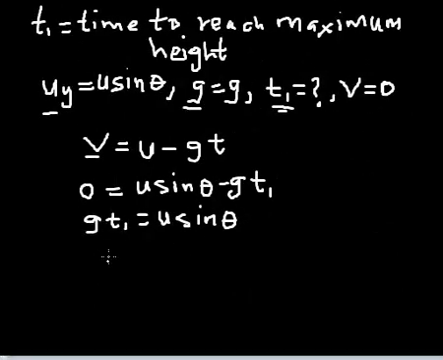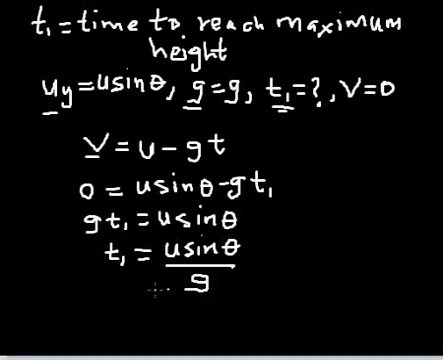If that being the case, now remember I'm looking for the time to reach maximum height, which of course is U sin theta divided by G. So that's the time to reach the maximum height.